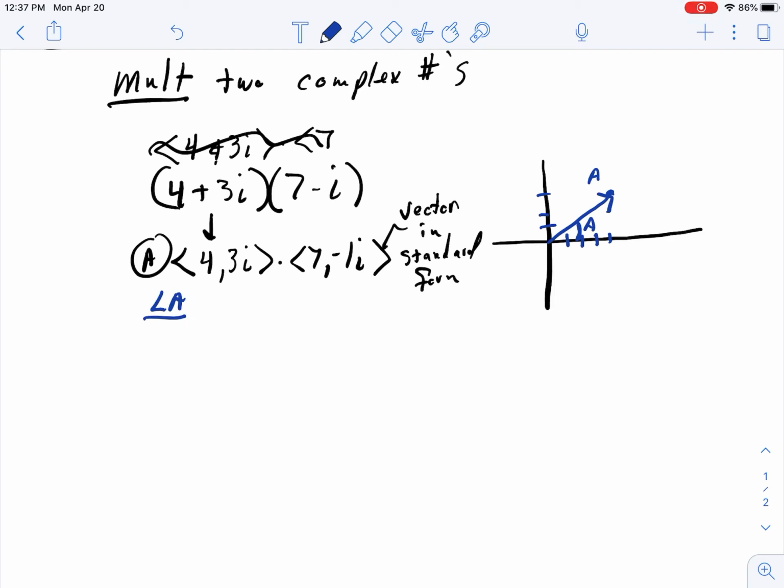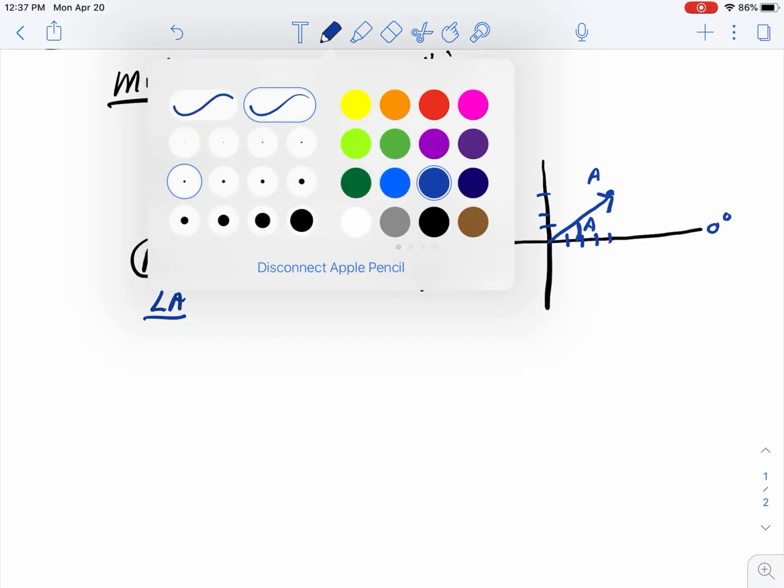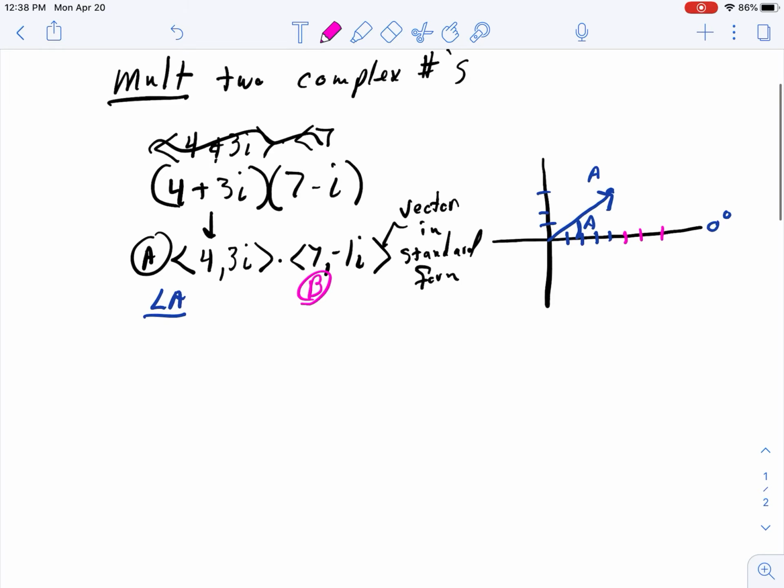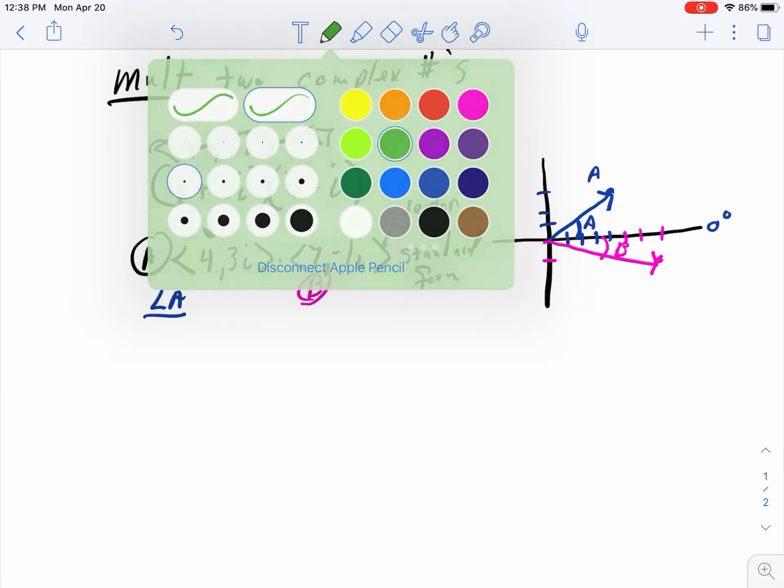So this also forms an angle from 0 degrees. Now, if I graphed out, let's say we'll call this one B. So 4, 5, 6, 7, and then negative 1. This forms angle B.